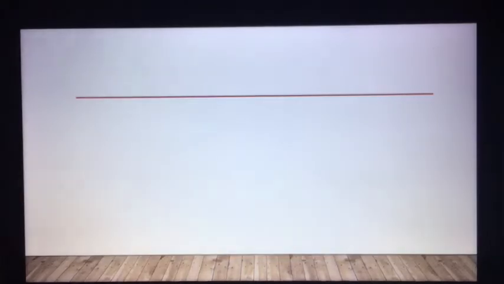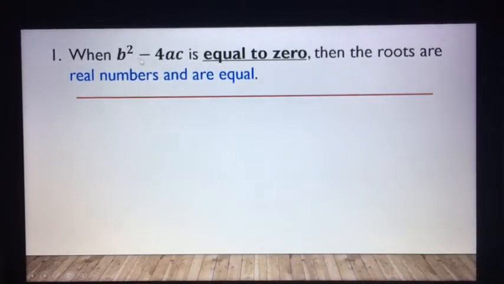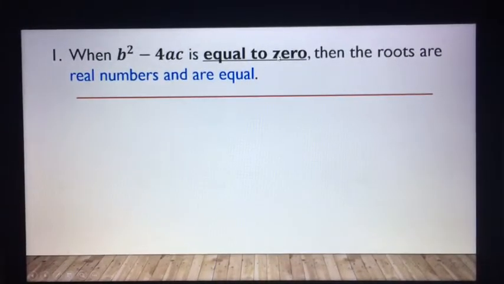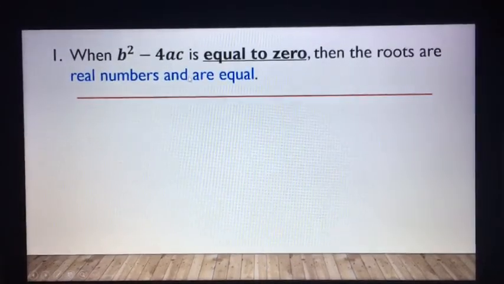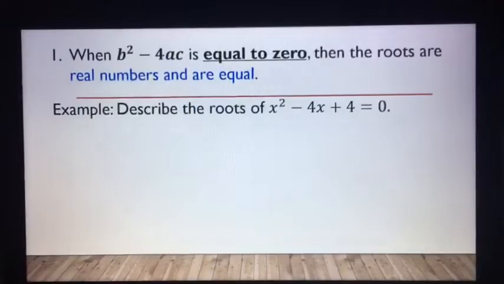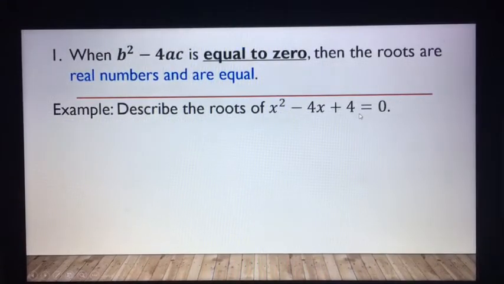So, we have here, first, when the expression b squared minus 4ac, or the discriminant, is equal to 0, then the roots are real numbers and are equal. For example, describe the roots of x squared minus 4x plus 4 equals 0.